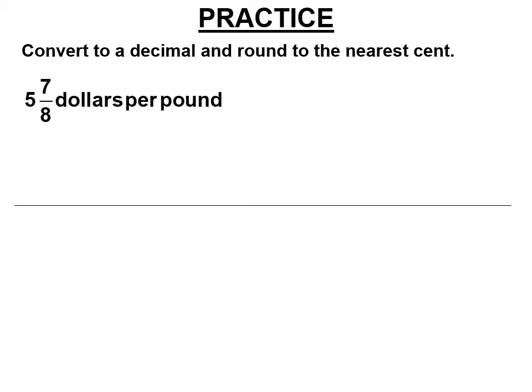All right, so there's 5 7/8 dollars. So we have to do 7 divided by 8. But I also taught you this method. Both work. So in one of them, you're going to do 7 times 125. But let's show the decimal method since we're doing decimal division in most of these today. 8 doesn't go into 7, so you can put the leading 0 there, but it goes away.